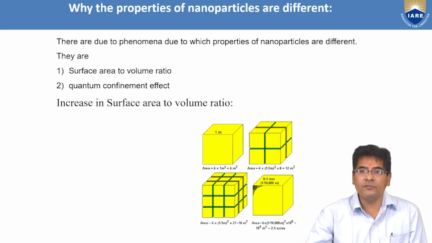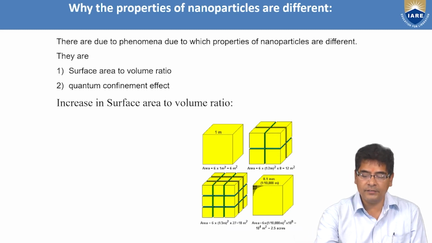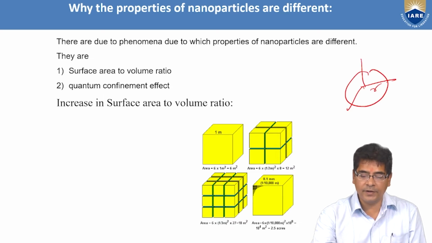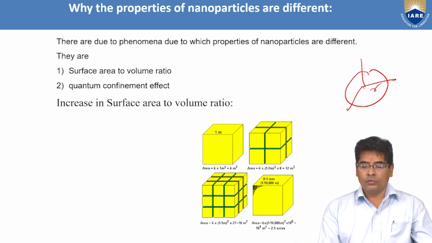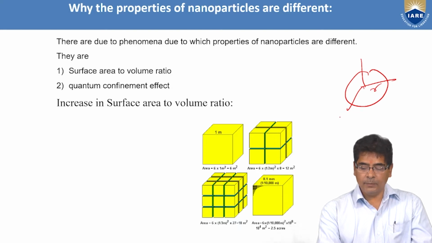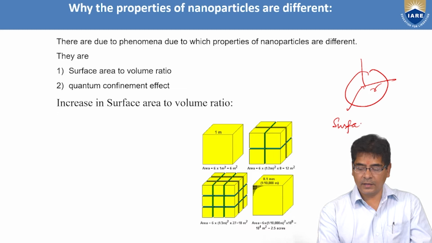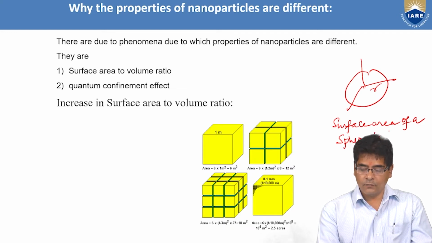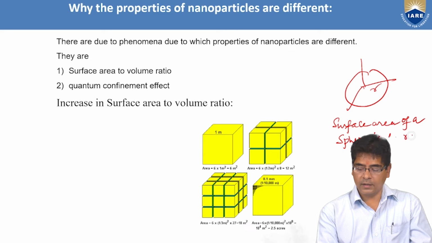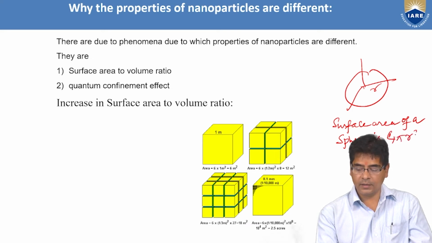So if you consider a sphere of radius r, its surface area is given by 4 pi r square. Surface area of a sphere is 4 pi r square.